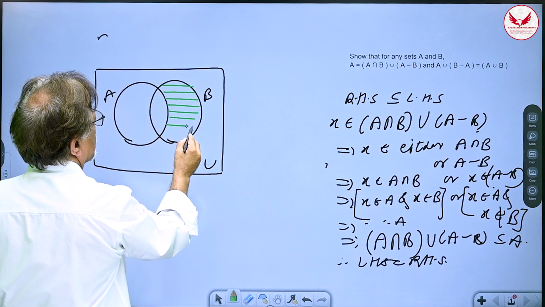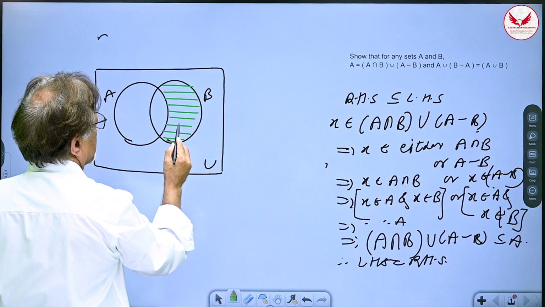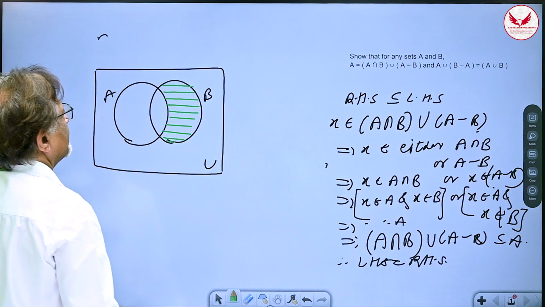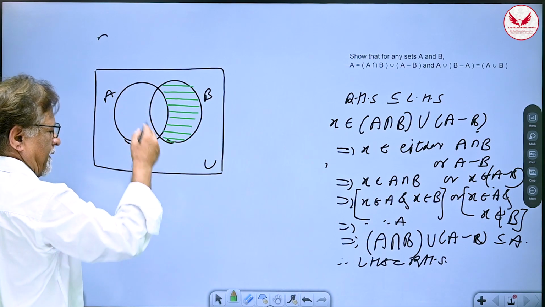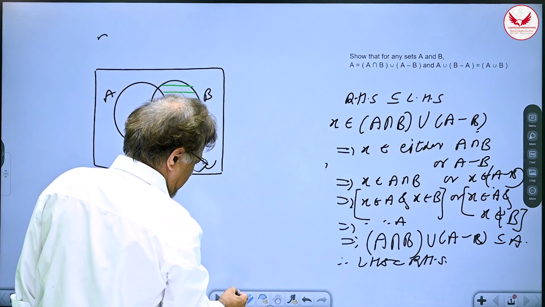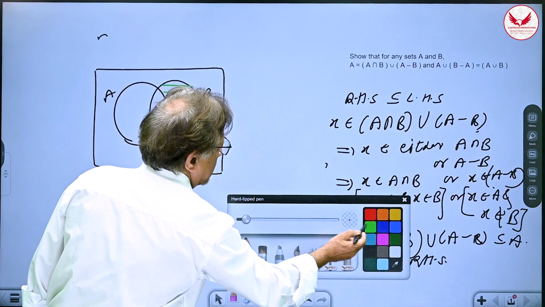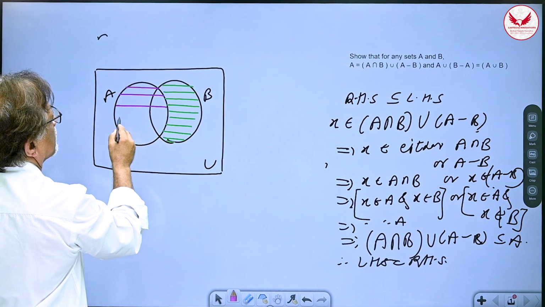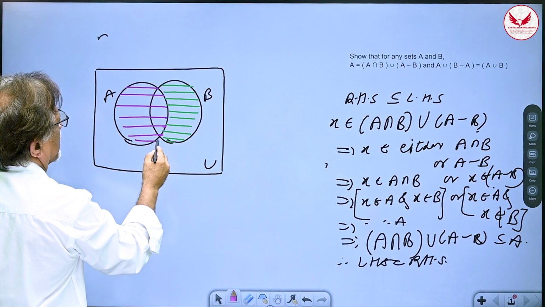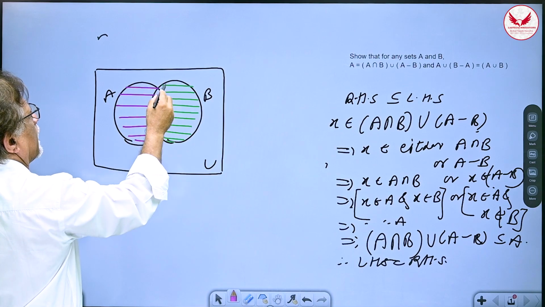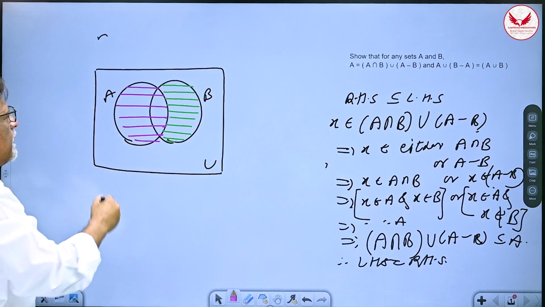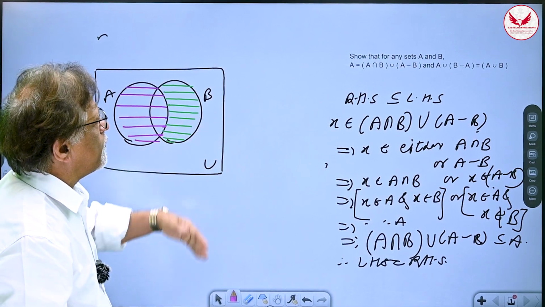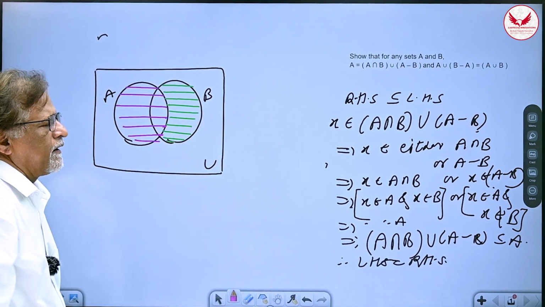Which are not in A. So this is B minus A. Now what we are saying is B minus A union A. That means this is united with A. If I unite it with A, I will have to combine the whole thing, right? So this is A, and if I combine both of them, I am talking about all this set. So can you see now that this total shaded part is nothing but A union B. That is exactly what I want to prove.